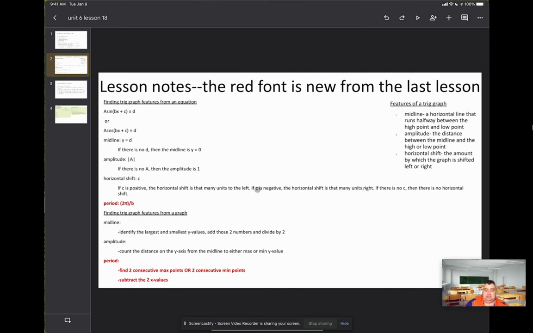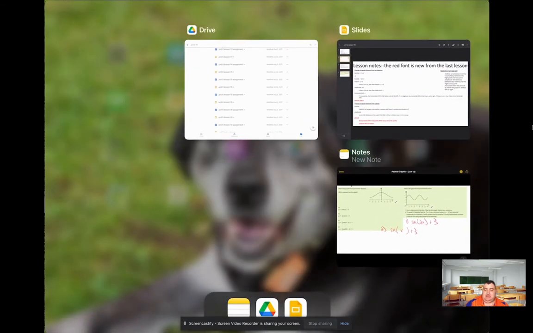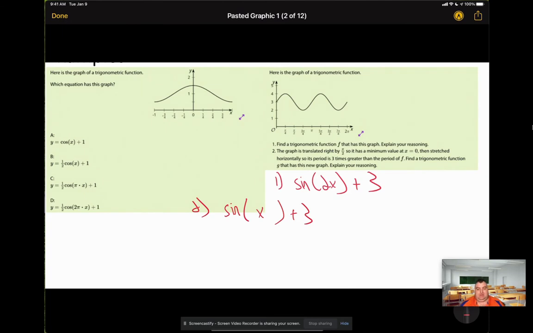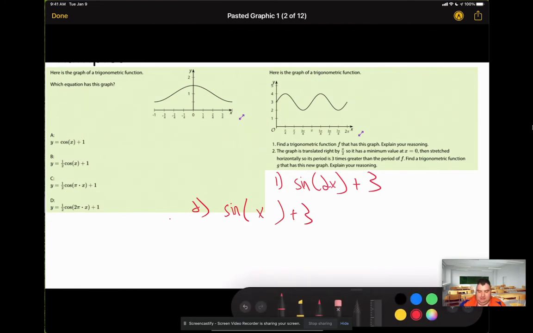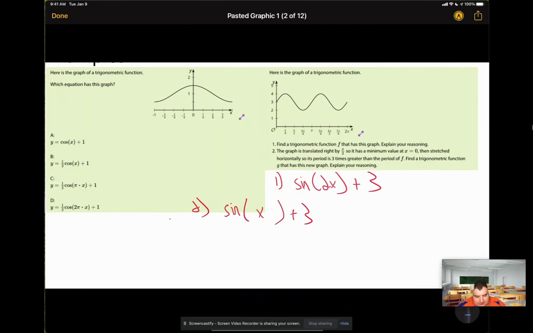So c in this case, the opposite would have to be negative. So if I shifted pi over 2 to the right, then that means that value after the x inside the parentheses is going to be minus pi over 2. So that accounts for the horizontal shift of pi over 2.